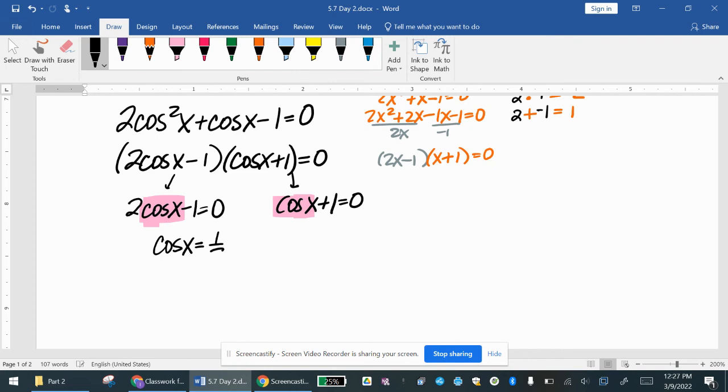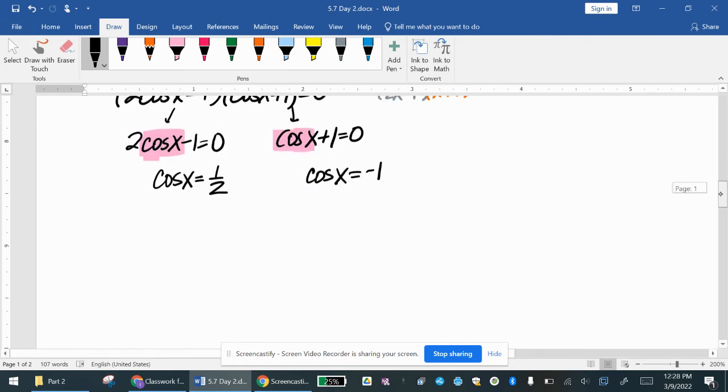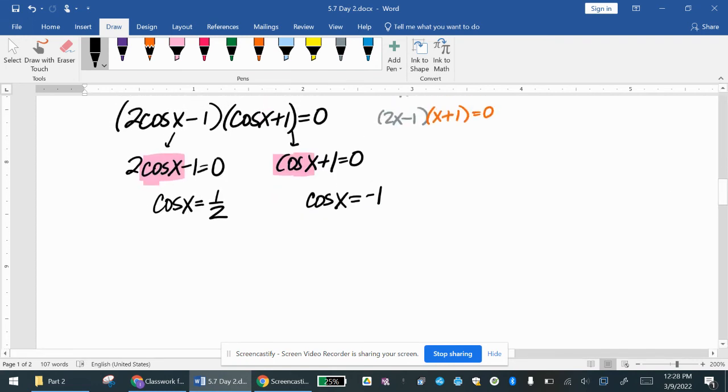So where is cosine going to be? Positive a half. And for this one, subtract the 1. So where is cosine going to be? -1. All right, go ahead and pause the video and see if you can figure this out. What angles will have a positive cosine of a half, and what angles will have a -1 as their cosine? When you're ready, push play.